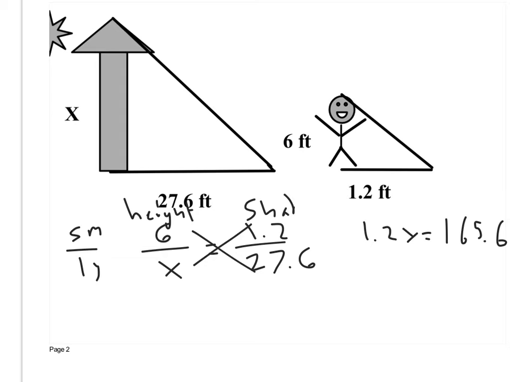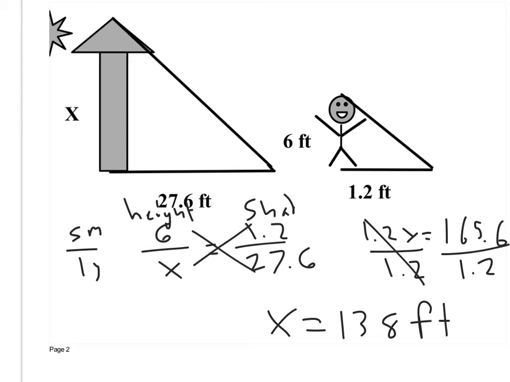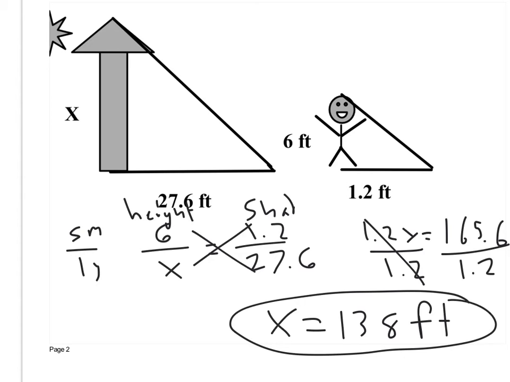And then I do what, Alan? Divide that by 1.2. Make sure you keep your decimal in there. 165.6 divided by 1.2 gives you 138. So the bell tower is 138 feet tall.